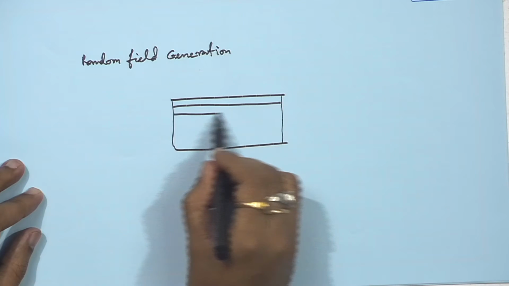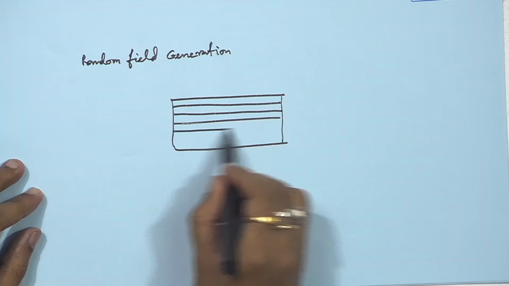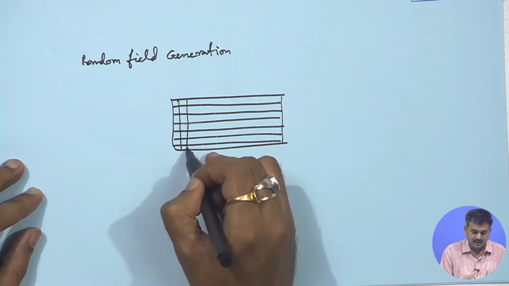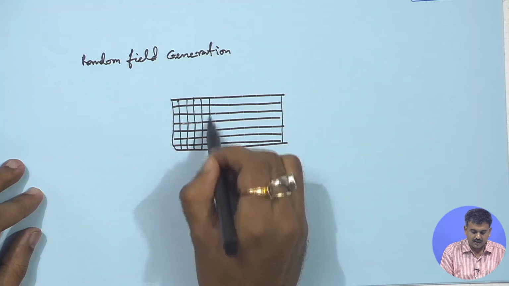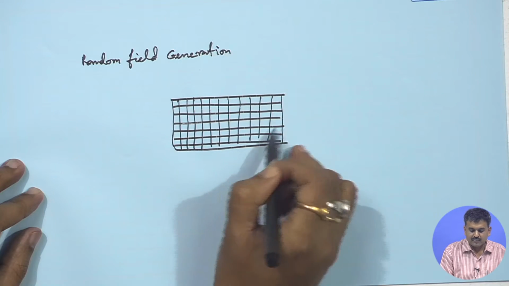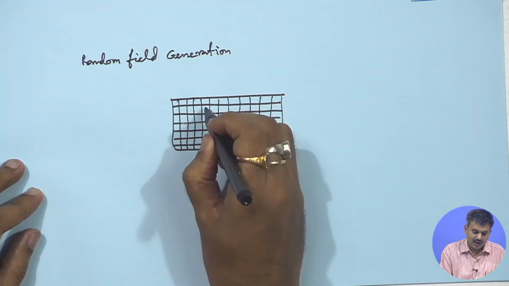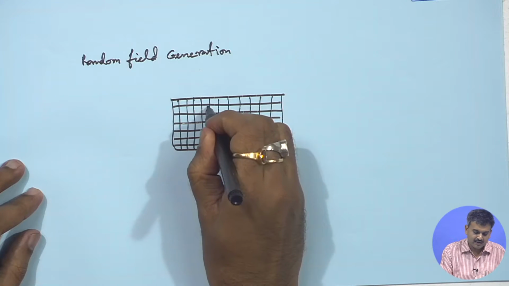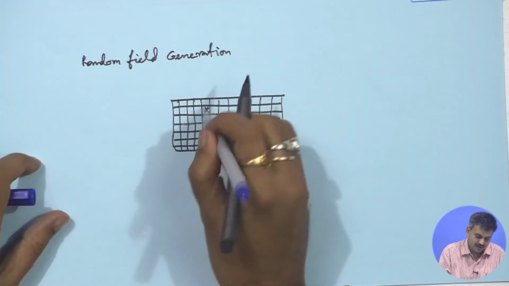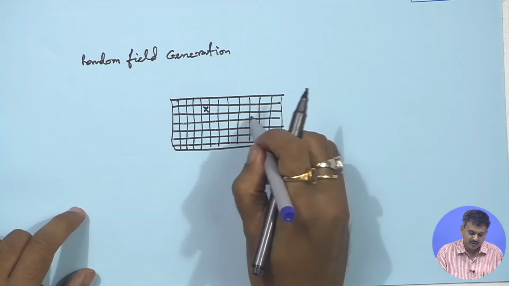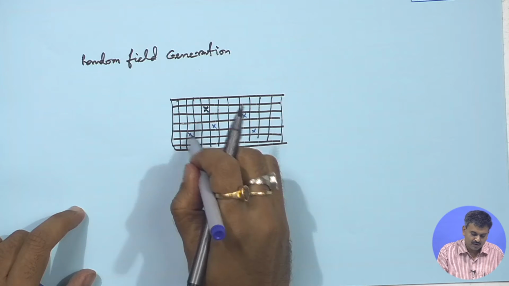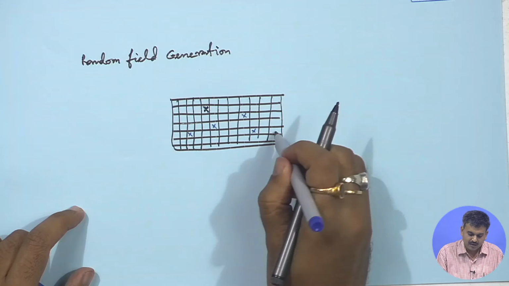We divide this into different grids. Let us say that within this aquifer system, I have taken readings at a certain number of locations, maybe 1, 2, 3, 4, 5 or 6.